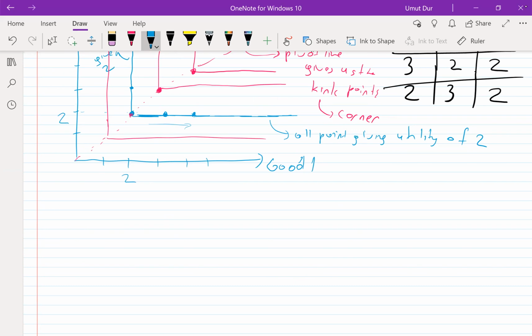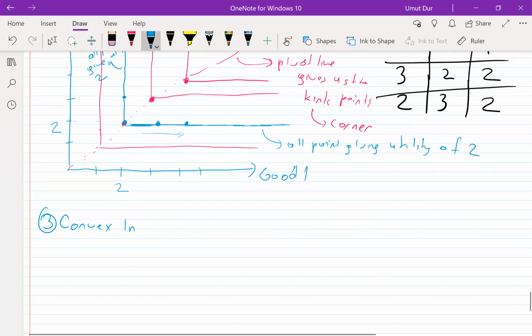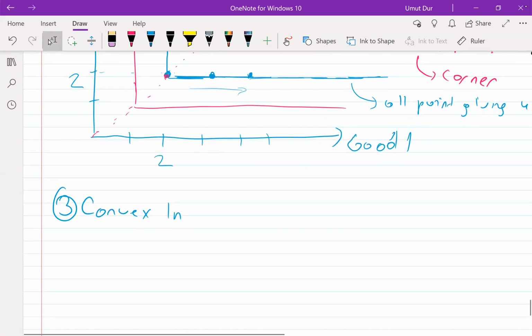The third kind of indifference curve that we will cover is the convex indifference curve. This is basically some kind of a standard shape.